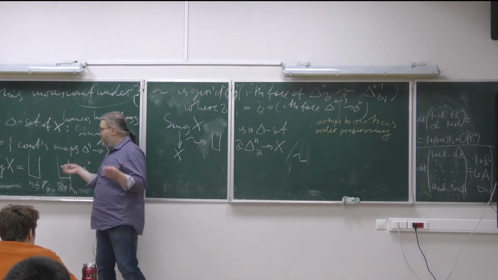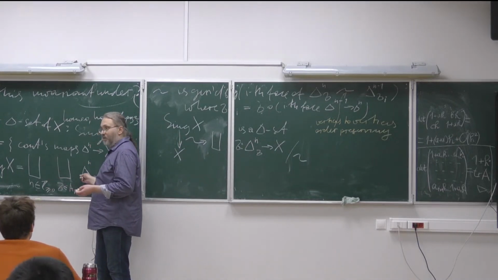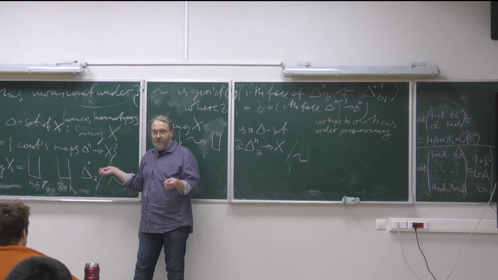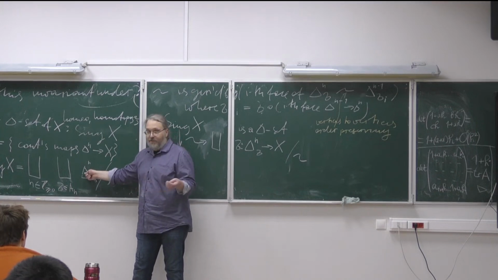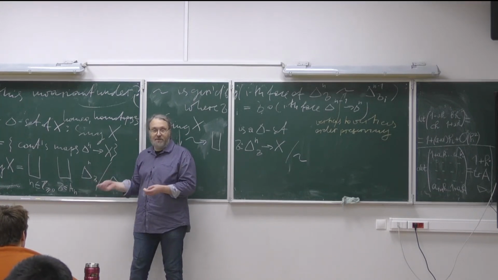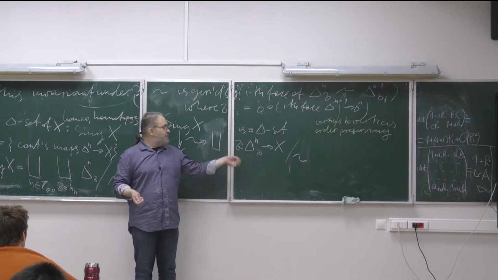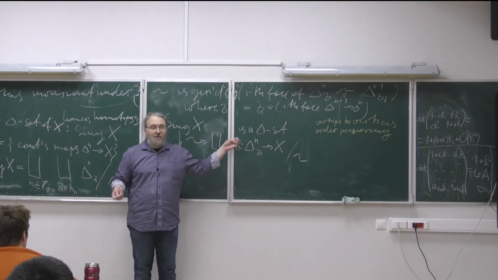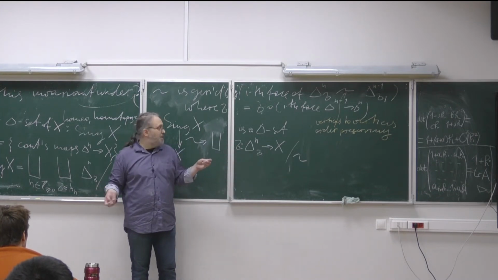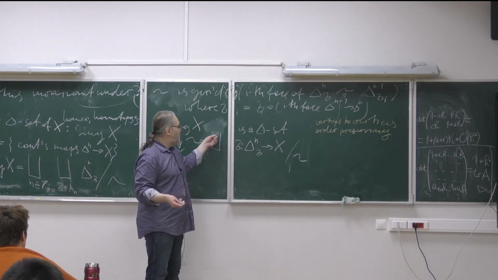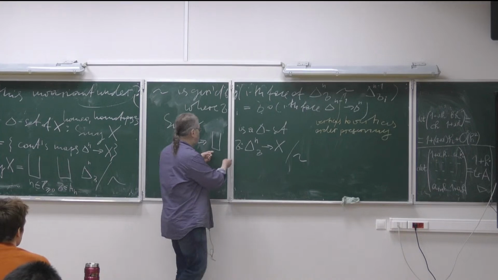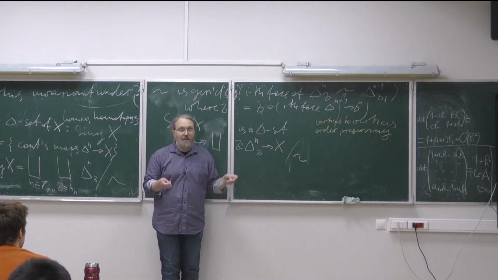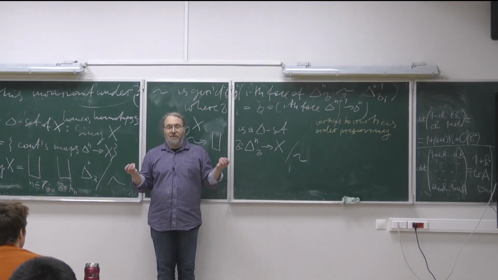For every sigma, we have a map from delta^n, which is the same as delta^n_sigma, to X. Well, let me take the disjoint union of those maps. Those maps are compatible with the equivalence relation, so the whole collection of maps descends to a map from the quotient space.